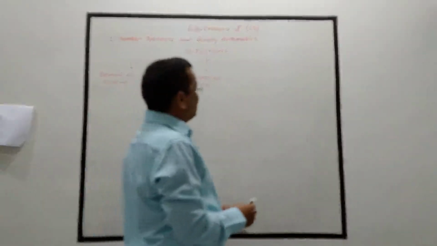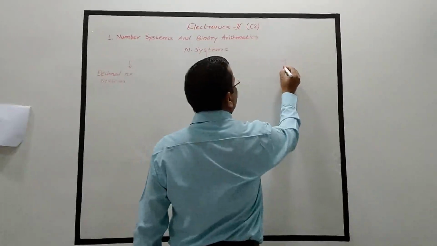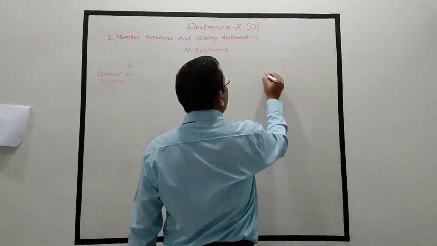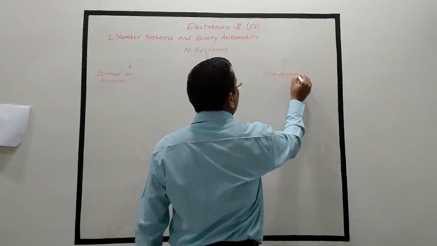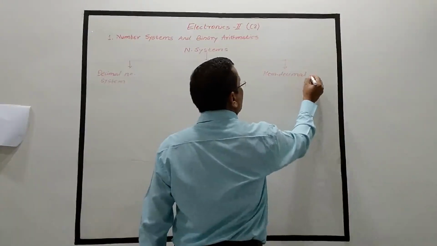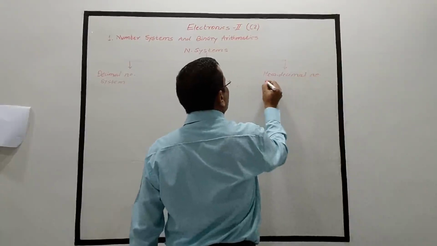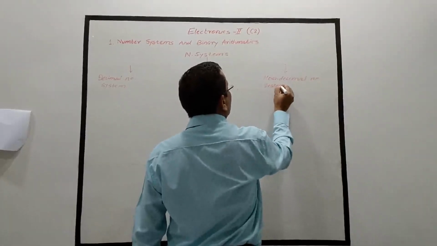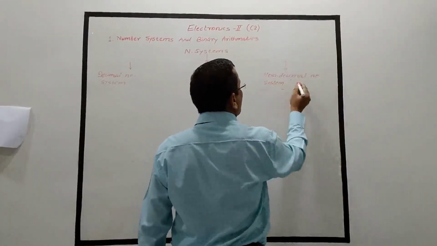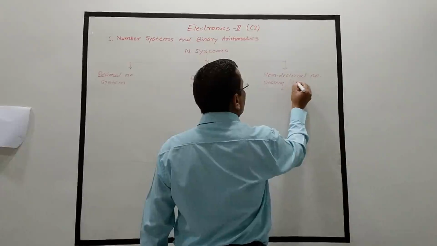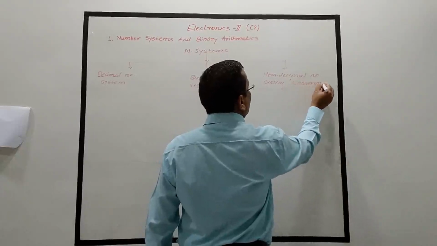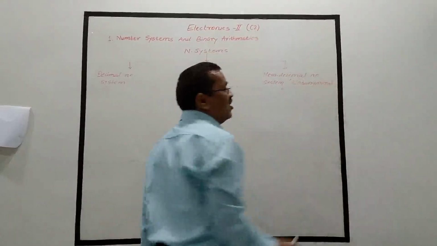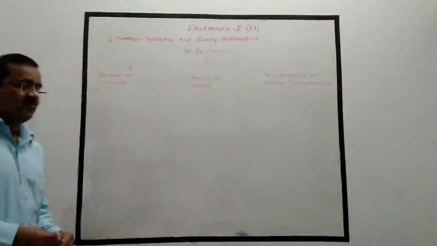And the third is the hexadecimal number system, which is also called the alphanumeral number system.